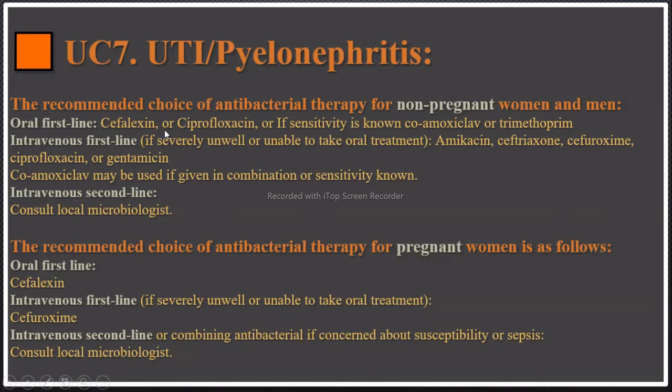So what is the most serious, upper or lower? Upper. So first line cephalexin, ciprofloxacin, or if sensitivity is known, amoxiclav or trimethoprim. So here, sometimes you are giving drugs, and if you find a specific culture, you can change the antibiotic according to the culture. What is this called?